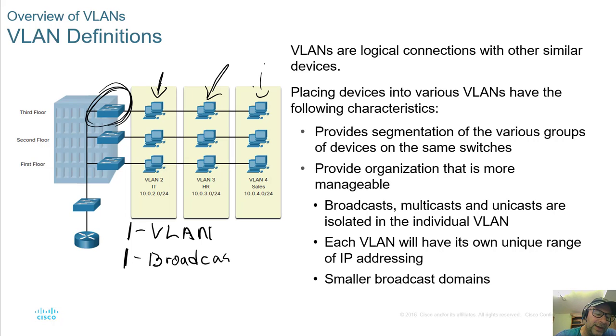And what I mean by that is that by default, all of the ports on a switch are configured in the same broadcast domain, right? So if you had a switch with 24 ports and you sent a broadcast message out one of those 24 ports, the other 23 ports are going to receive that broadcast message.